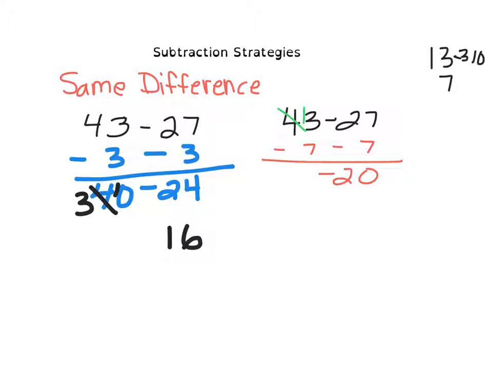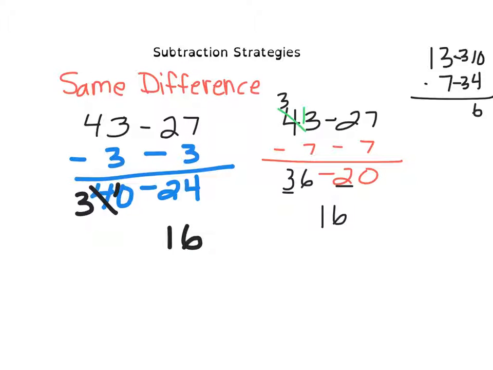So that's 10. Subtract 3 from the bottom. That's 4. So 10 minus 4 is 6. So this number is 6. This is going to be a 3. That's super easy. 36 minus 20. We're just subtracting our first two numbers. So that is 16. So there's a couple of ways to do same difference.